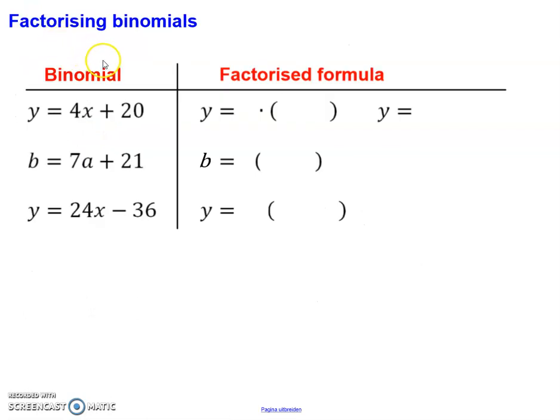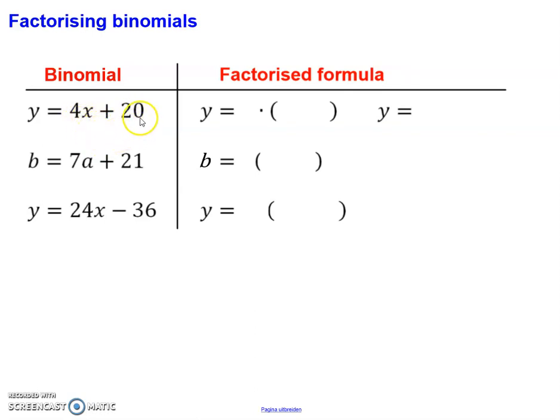Let us look at a few examples. The first example, we have a binomial. It contains two terms, and we're going to take a good look at how to factorize it. And this means I want to write this formula in a different way, but it's still the same formula, but then with brackets. What I'm going to do is look for a common factor for both terms.